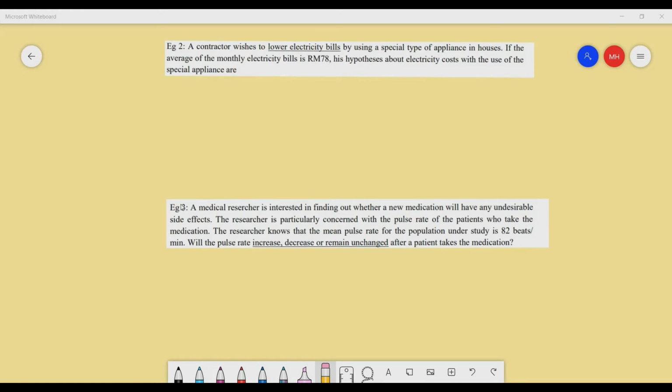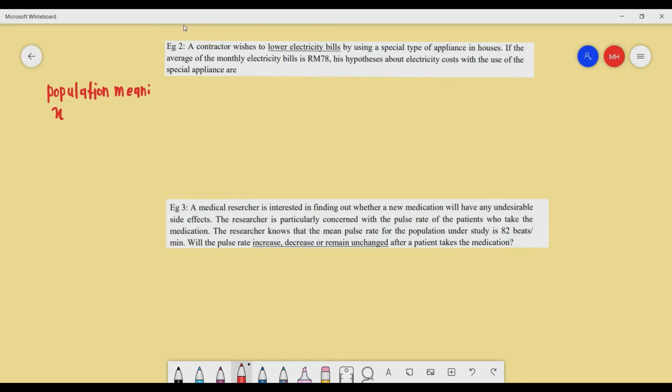And I forgot to mention to you that in hypothesis testing, we are interested in finding the hypothesis about the population mean or average, which is mu, okay, not the sample mean. In hypothesis testing, we deal with the population mean, which is mu.